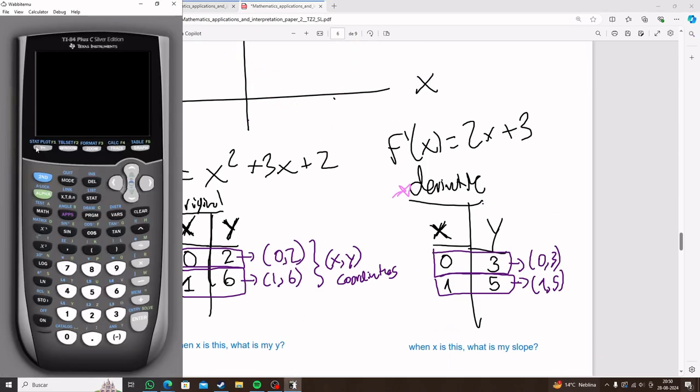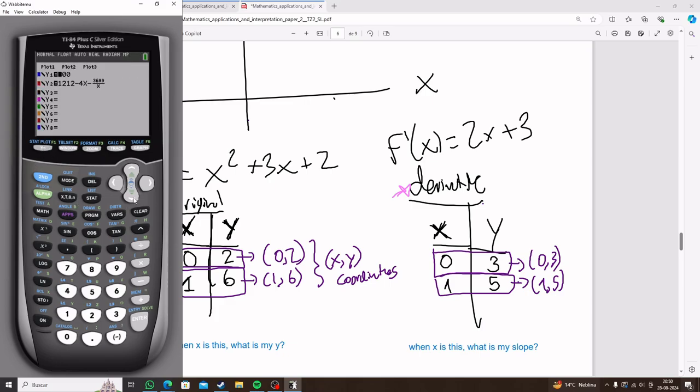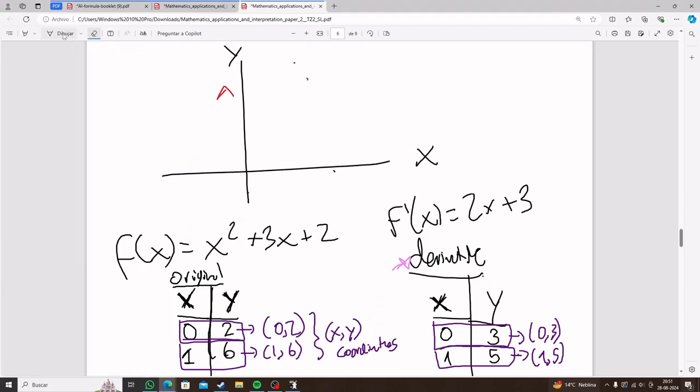And actually, if I were to graph this very quickly, just so that we're all on the same page, I think it's important for us to understand this explanation, because I wish someone told it to me back in my day, but, well, at least I'm here to tell you now. We go ahead and do maybe zoom standard would be fine. So notice, you end up with something that looks a little bit like this.